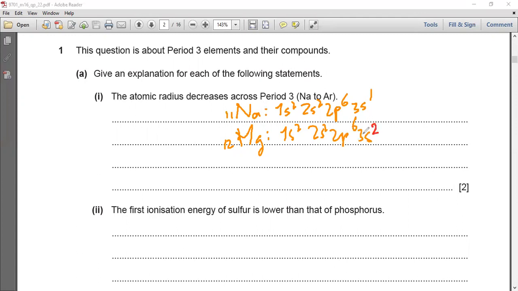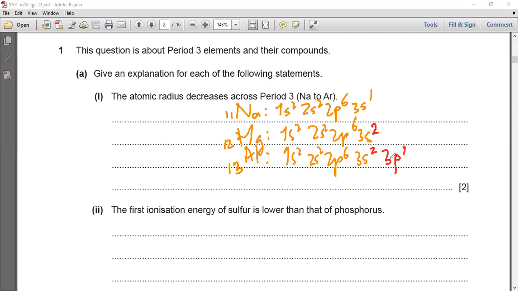Again, if I write the electronic configuration of aluminium, which I got from the periodic table, I will have the same 1s2, 2s2, 2p6, 3s2, and then another one, 3p1.